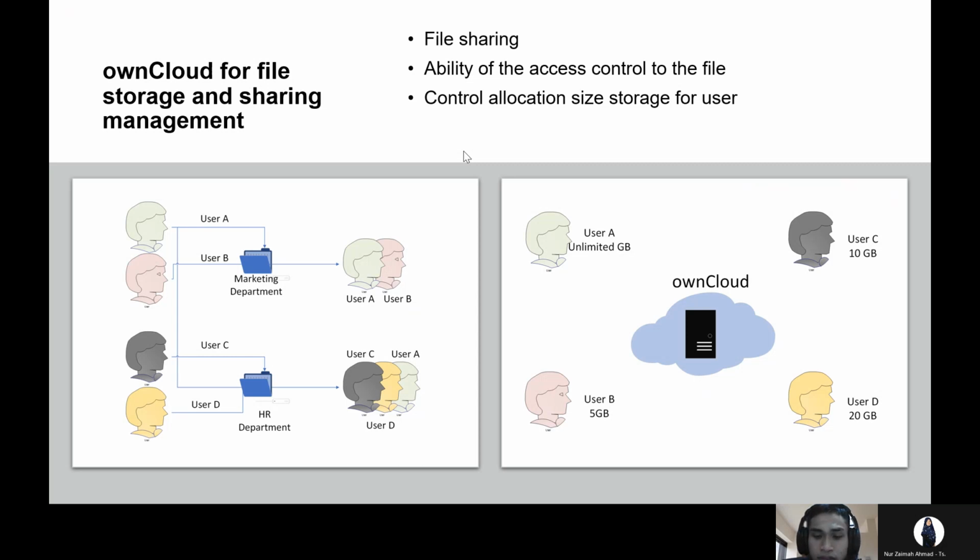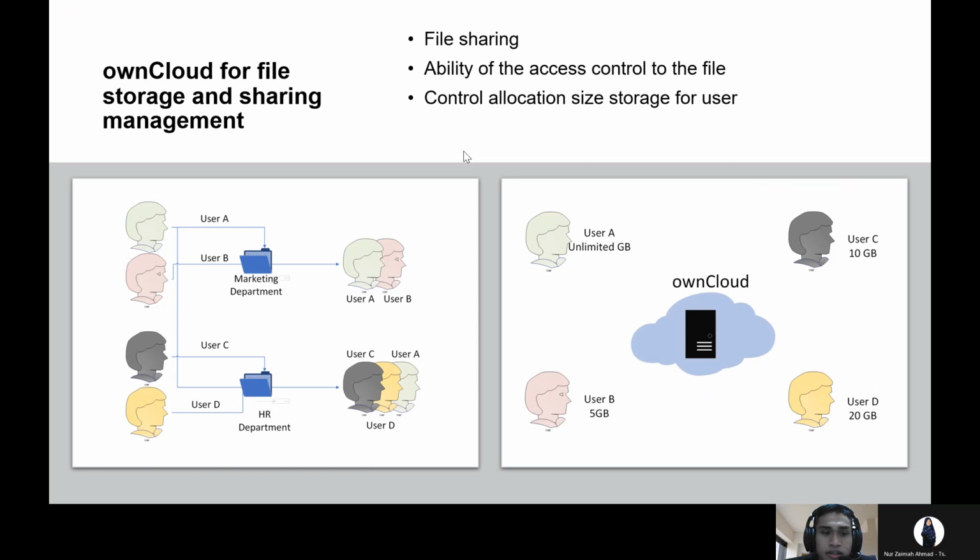The user can set a certain file to read only or editable before sending it to another user. Besides, ownCloud lets the administrator control the allocation of storage size for users. Based on the diagram below, the user can be assigned to a group or department in the company.